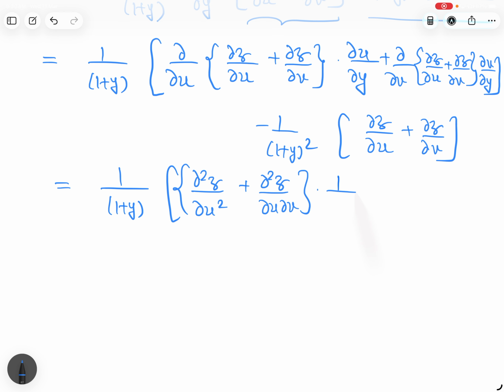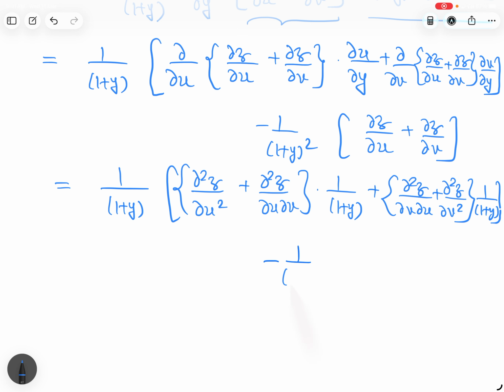We have already calculated. Now here calculate del 2z del v del u plus del 2z del v square. Del v upon del y value is what? 1 upon 1 plus y. So bracket close. Minus 1 upon 1 plus y whole square you keep as it is, del z upon del u plus del z upon del v.